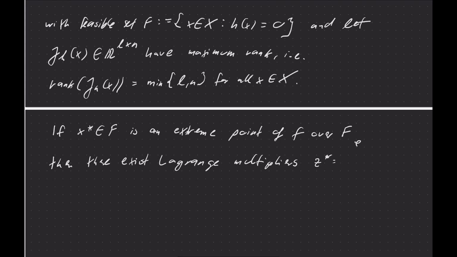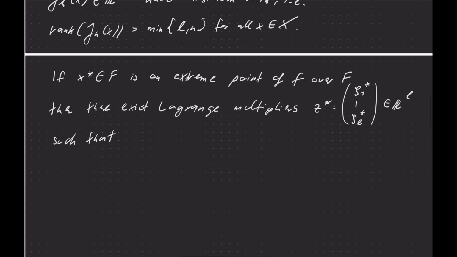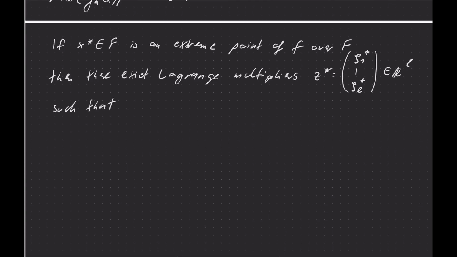So that's a vector. Let's call the components zeta 1 star to zeta L star in R to the L, such that the gradient of F at X star plus the Jacobi of H at X star transposed Z star is 0.